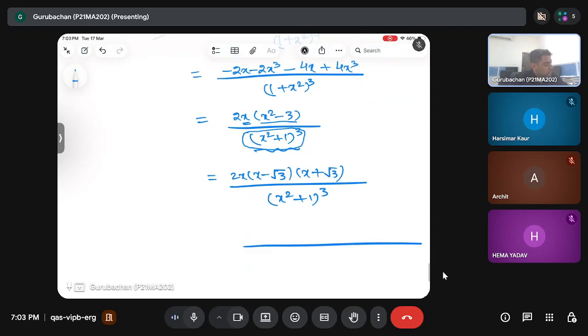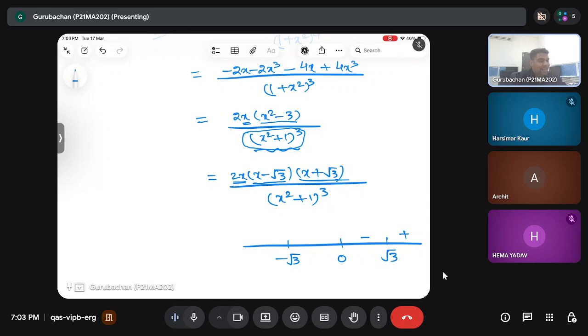So there are zeros at 0, minus under root 3 and plus under root 3. If you take any point after under root 3, suppose 2, this will be positive, 2 minus under root 3 will be positive, and 2 plus under root 3 will be positive. So this will be positive. When you take any point between 0 and under root 3, suppose 1, this will be positive, but this will be negative and this will be positive. So it will be negative.